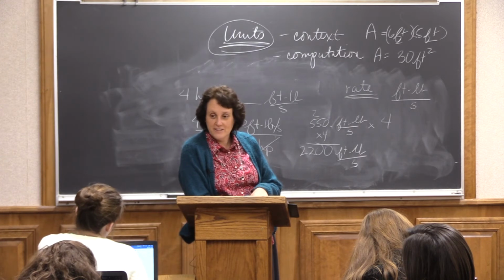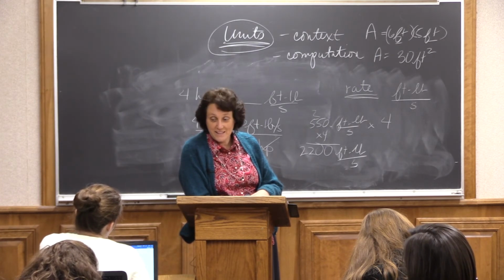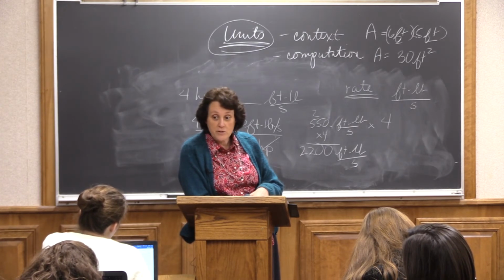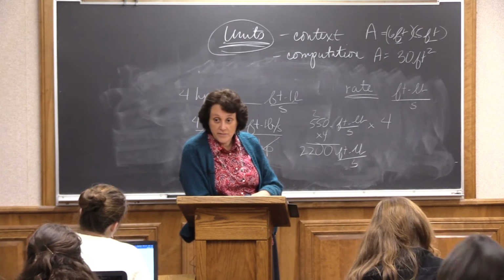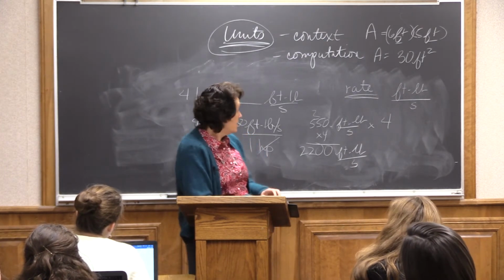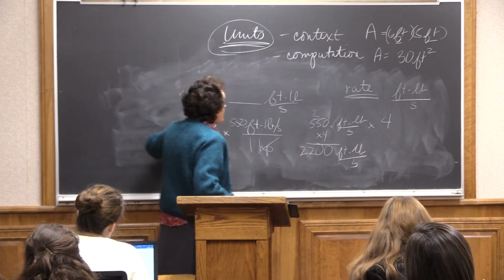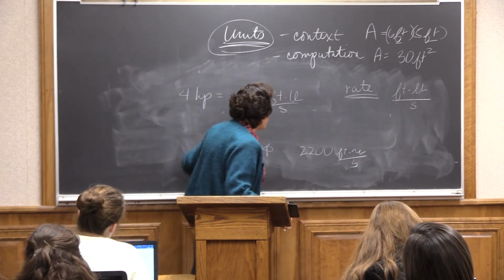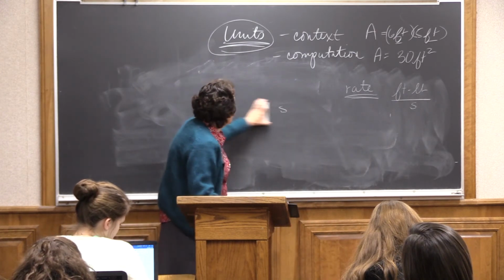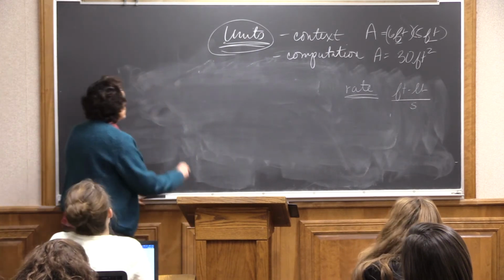I don't know, is that a good engine or not? No clue, but I can do the conversion by utilizing the cancellation of units technique. Another common computation that will use this cancellation of units is in physics.